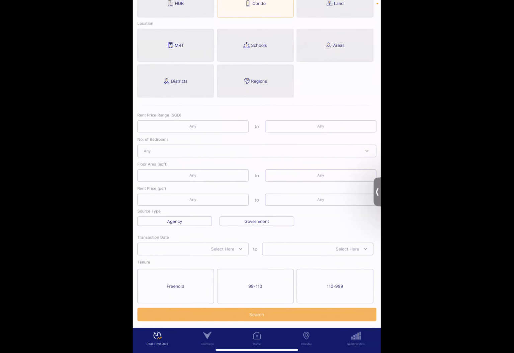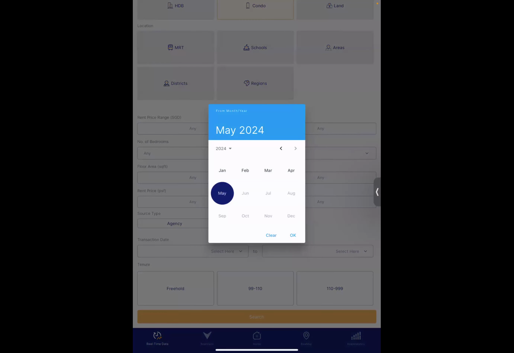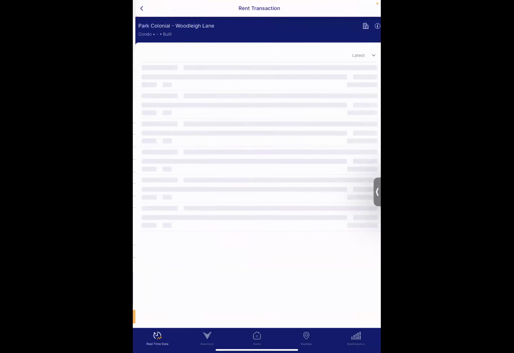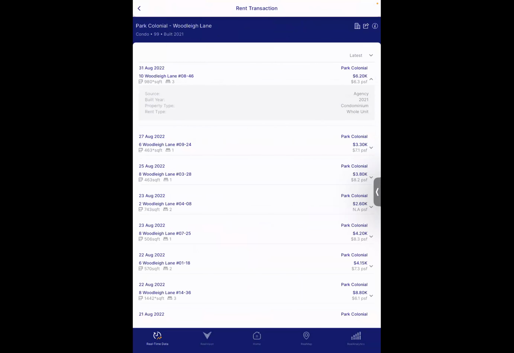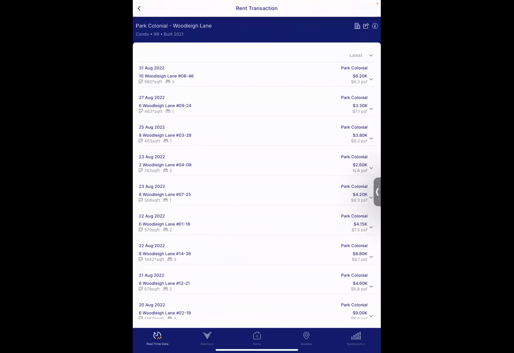Transaction date 2022 May to 2022 maybe August. Okay, and I search. So all these are the rental transactions from May to August 2022, basically 2 years ago.